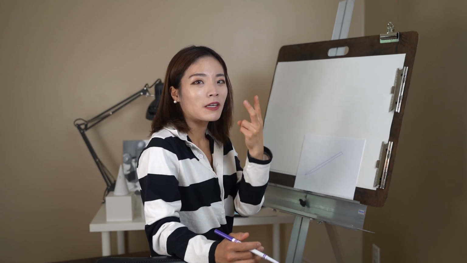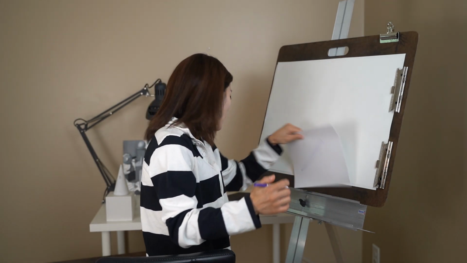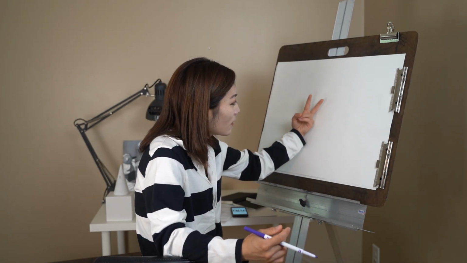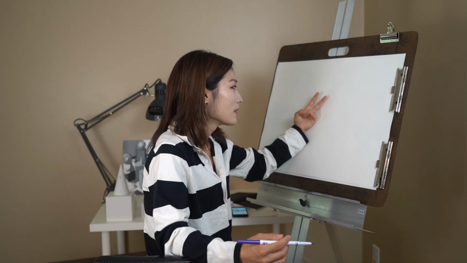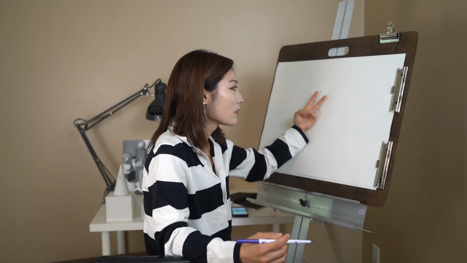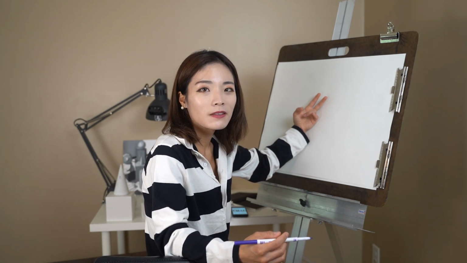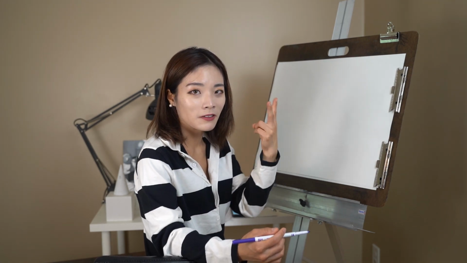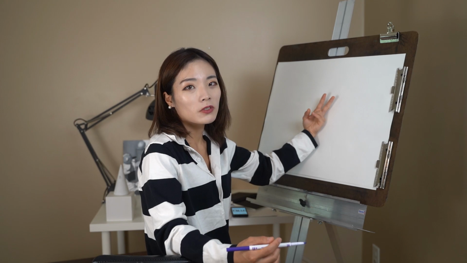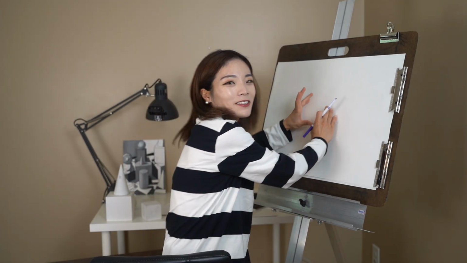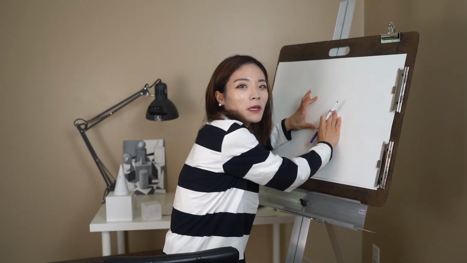Let's say you're drawing hands, right? Unless your study is to just draw the hands, it's always important to consider the size, the scale, and the space surrounding the hands that you're drawing. For most still lifes, I don't want a tiny still life in the middle of your paper.